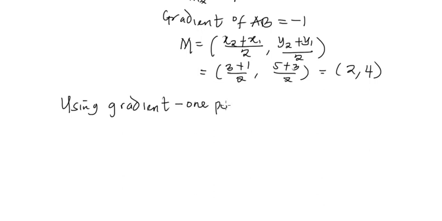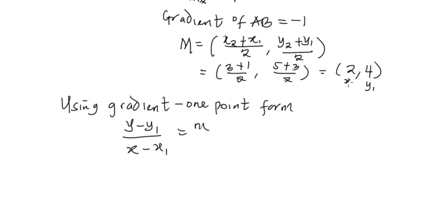The gradient one point form tells me that (y minus y1) over (x minus x1) equals m. M is the gradient of the required line, which is minus 1, and y1, x1 is now the coordinate of M, which is where the line passes through.